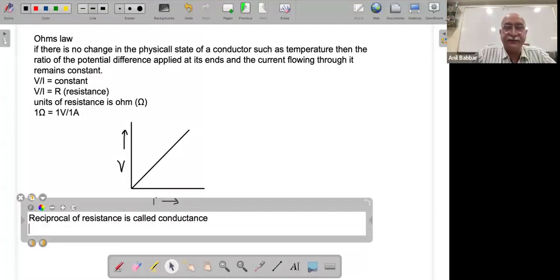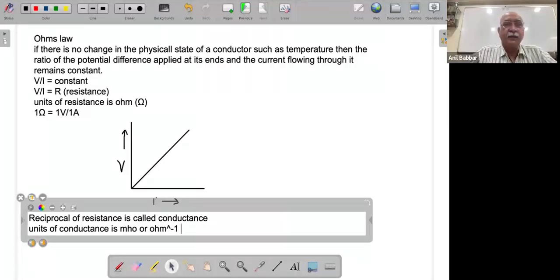And the unit of conductance is mho, or ohm inverse, ohm to the power minus 1. Right?